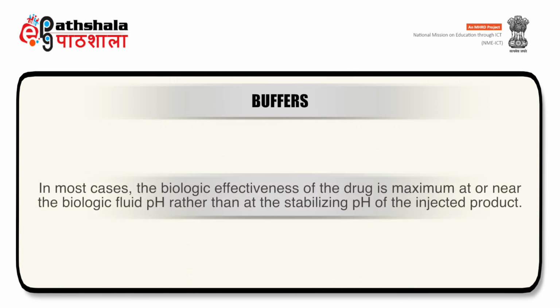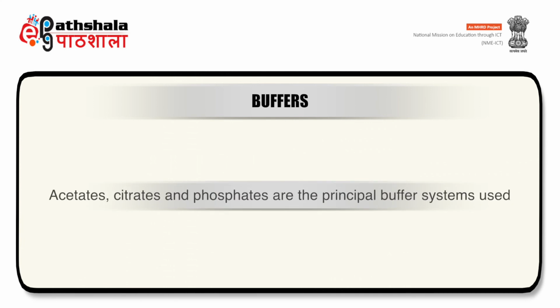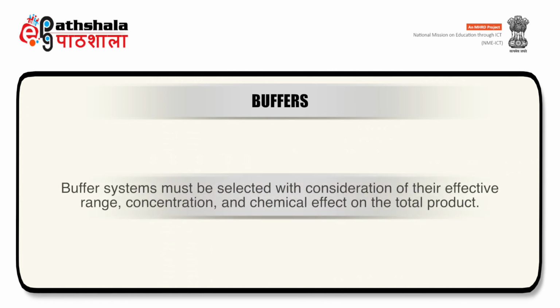In most cases, biological effectiveness of the drug is maximum at or near the biological fluid pH rather than at the stabilizing pH of the injected product. Acetates, citrates and phosphates are principal buffer systems used. Buffer systems must be selected with consideration of their effective range, concentration and chemical effect on the total product.